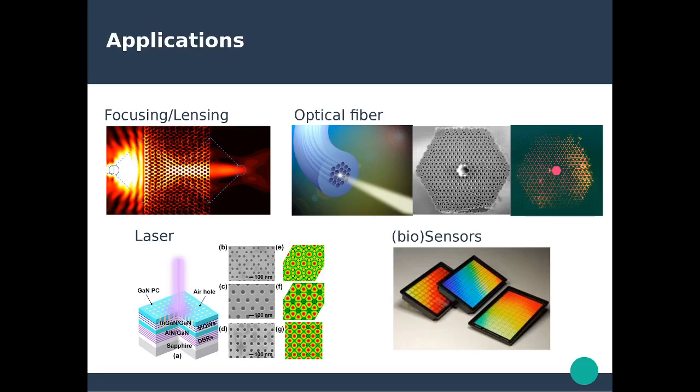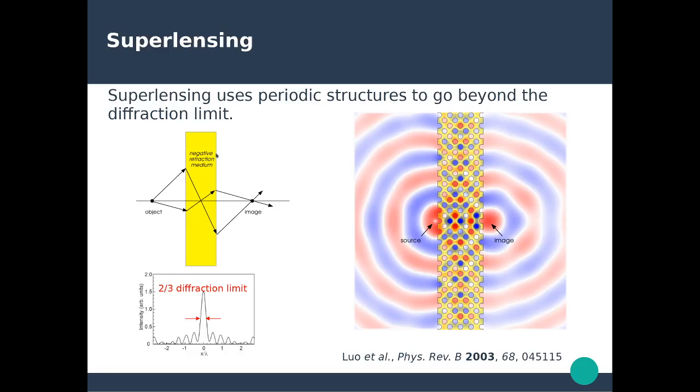So I just said that lensing can benefit from this. There's been a lot of work where super lensing has been achieved using periodic structures, and that allows going beyond the diffraction limit. The idea is that if you have an object and you have a photonic crystal or a periodic structure that can be considered as a negative refractive index medium, then you can bend light such that the image is sharp.